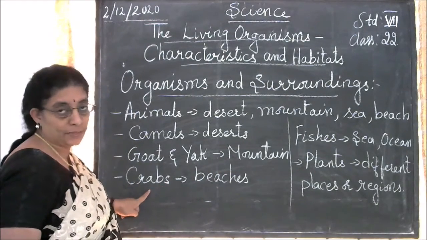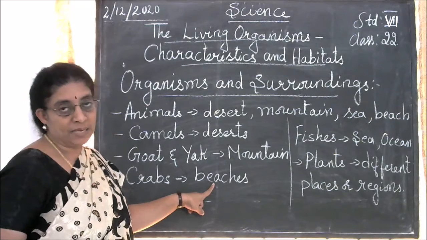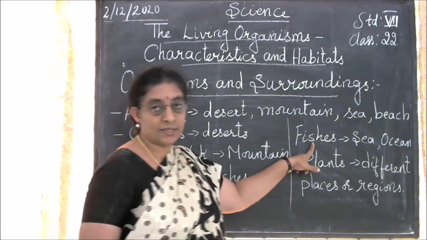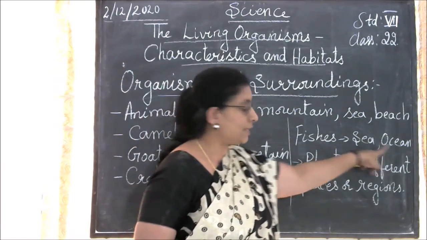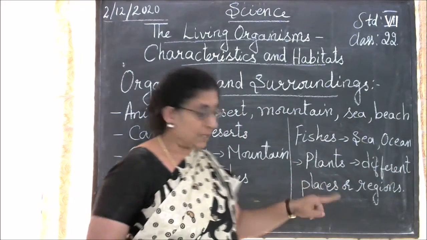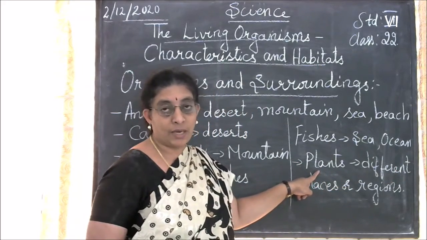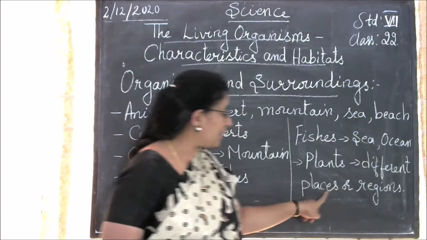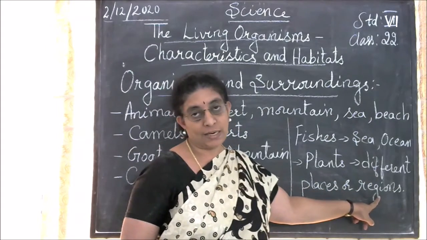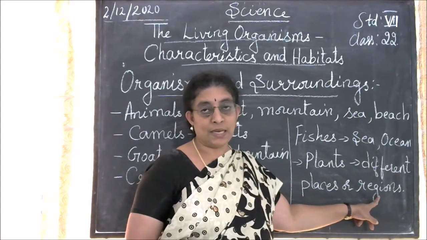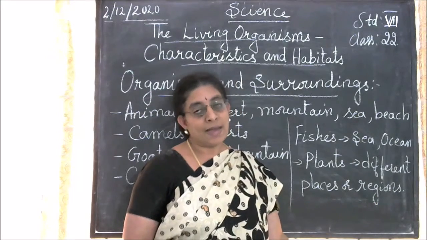And the crabs, you can see them near the beaches. And then the fishes, they live in the waters of the sea and the ocean. So in the same way, plants also grow in different places or they grow in different regions. Now next we'll see what is the meaning of a habitat.